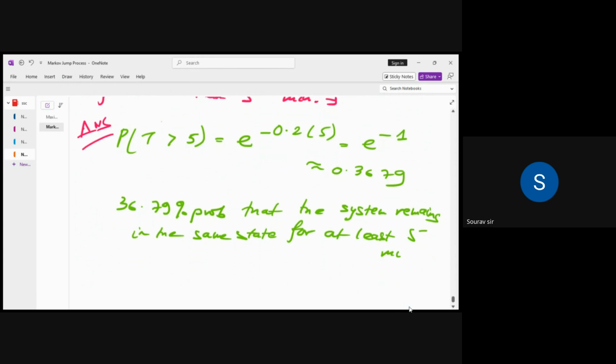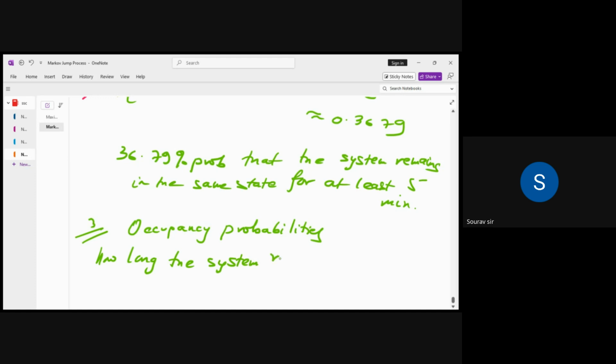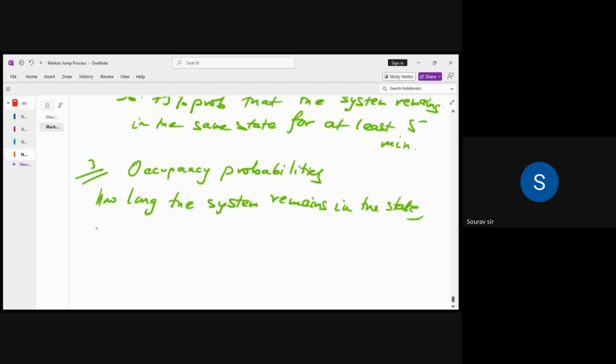Okay. So this is the second one. Now, the third one, that is occupancy probabilities. That means while holding time tells us how long the system remains in the state, occupancy probabilities describe the likelihood of finding the system in a given state at a specific time.